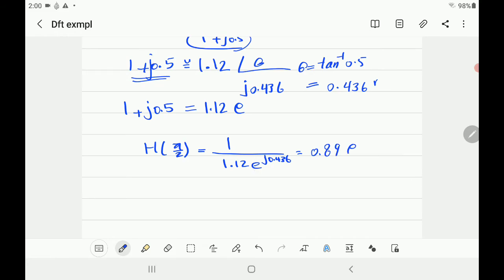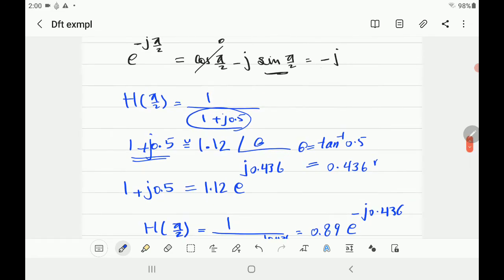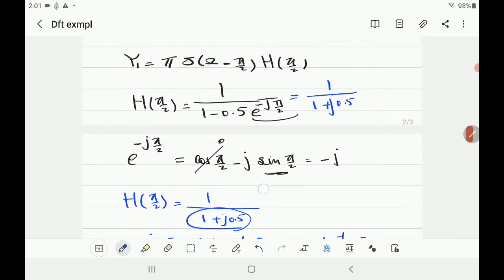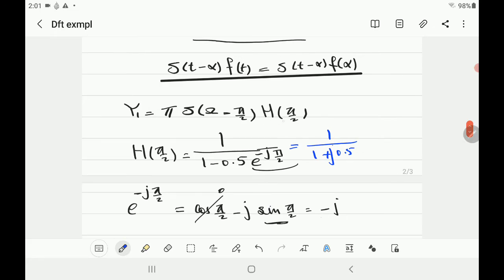And this one will go up, be negative, e to the power minus j 0.436. I'm done with h pi over 2. Remember, it's part of y1. Part of y1, it's this one times pi delta omega minus pi over 2.